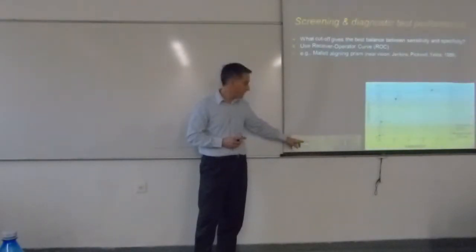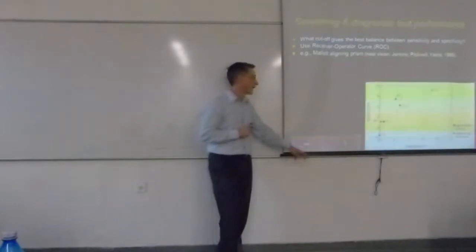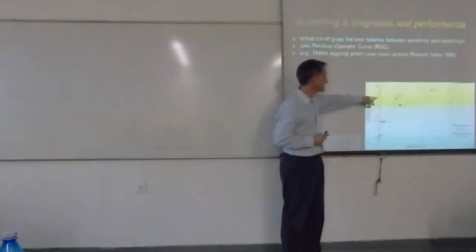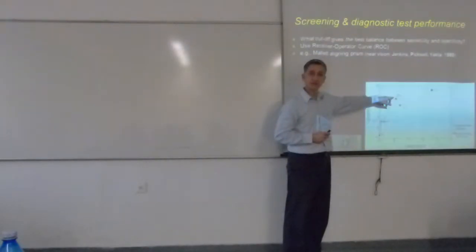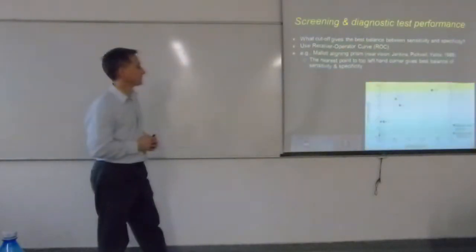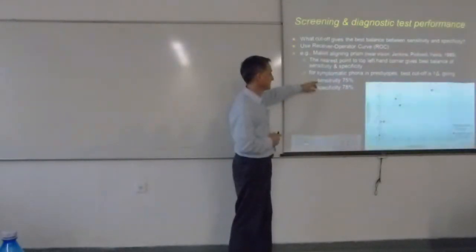How many of those people actually have symptoms? What they found was about 80%, I think it's a 79% sensitivity. So the test was very good. It picked up 79% of people with symptoms. Okay, 75%, sorry, I exaggerated.